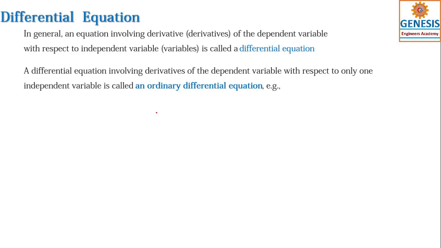So a partial differential equation depends on many variables, like dou y by dou x, dou y by dou z. All these things are partial differential equations. If the equation contains partial derivatives, then we call it a partial differential equation.